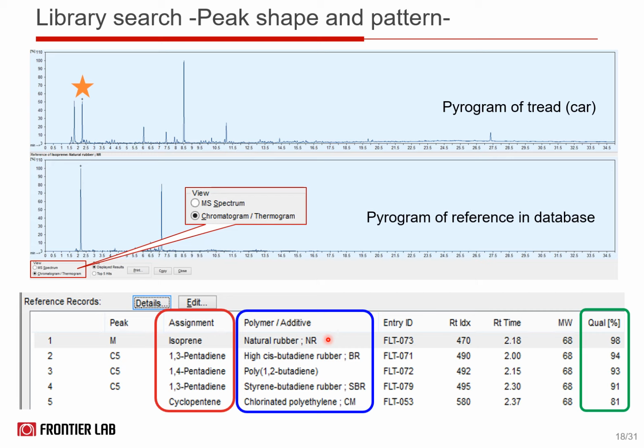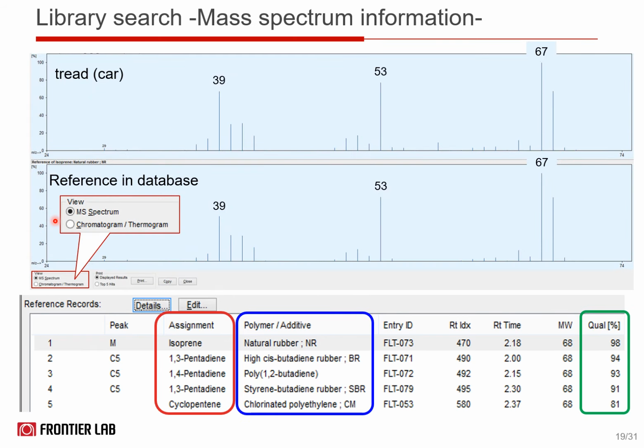The advantage of F-Search is that it ties the pyrolysate to the original polymer or additive. F-Search allows you to compare not only pyrograms but also mass spectra.